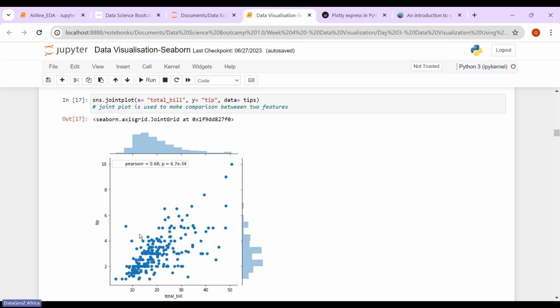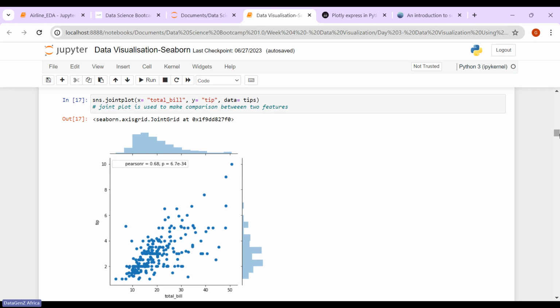If this is a very positive straight line, the relation between total bill and tip is that as the total bill increases, the tip increases. Here you see the total bill is about 50 and the person is giving maybe 10 dollars tip. But here the total bill is about 0 and the person is giving zero tip. So this is a positive correlation.